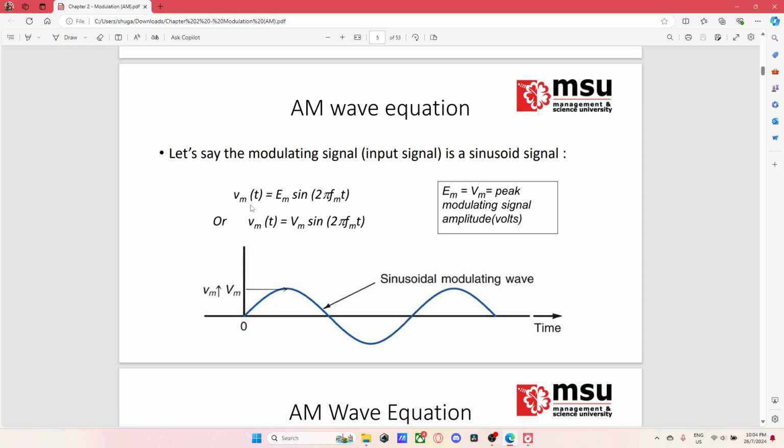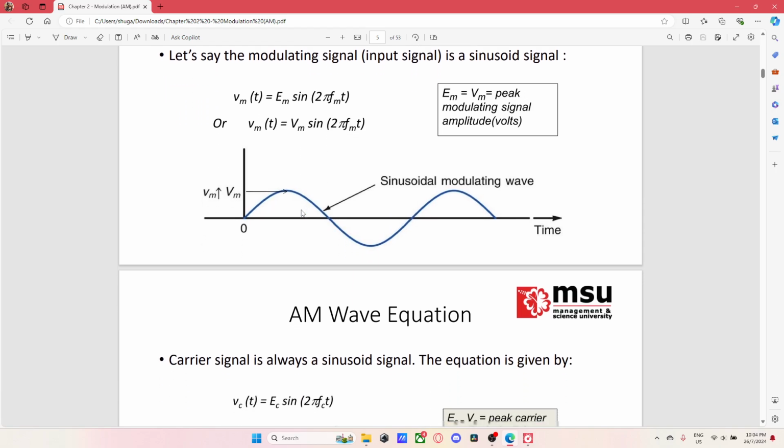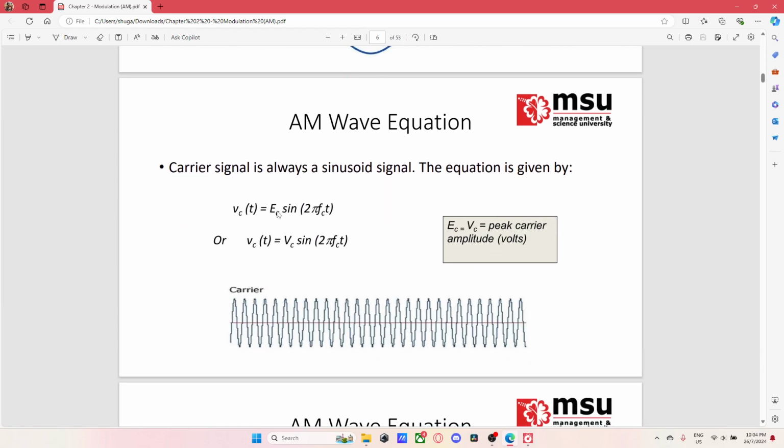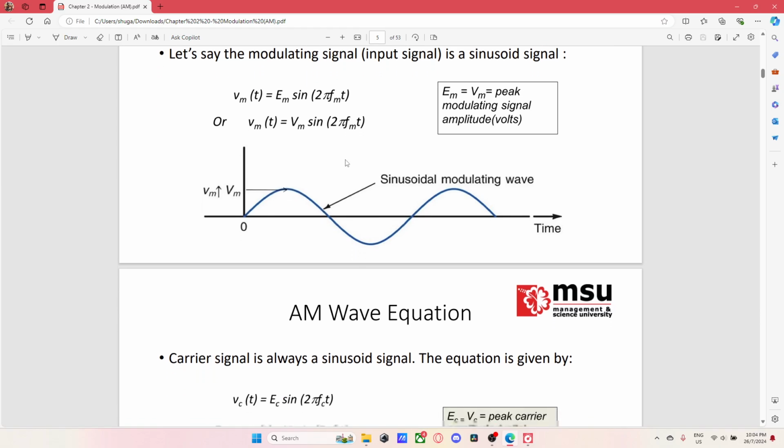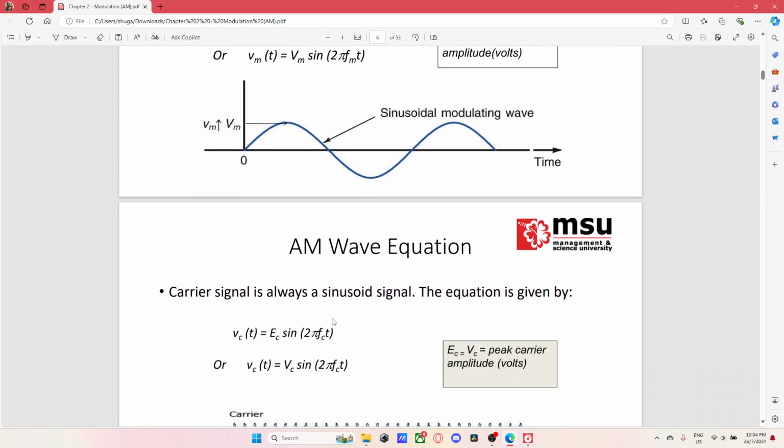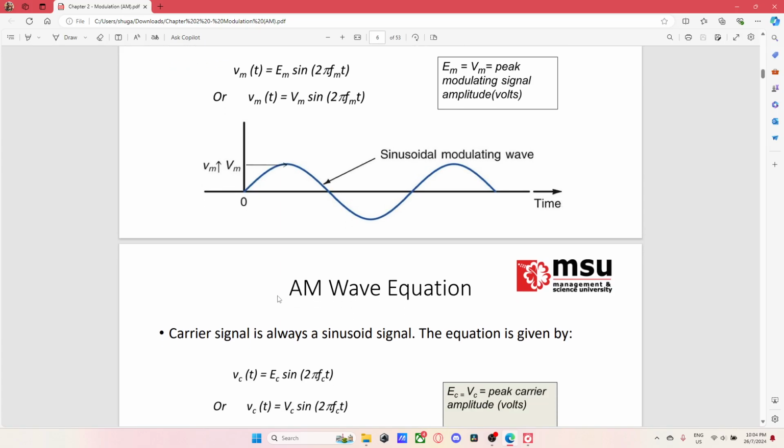This is the equation, but usually this is not the focus. This is also the same for the carrier signal. So this is the equation for the modulated signal, and this is for the carrier signal. Both of these equations are similar.